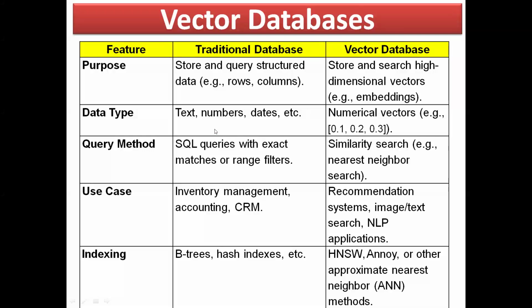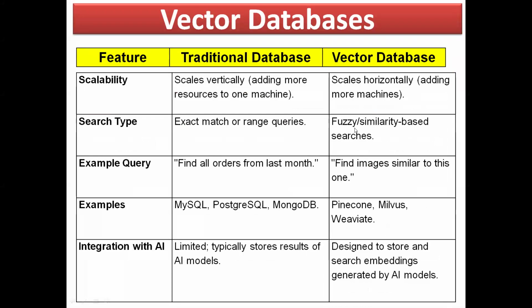In a traditional database, it is saved exactly as it is, in text or number. For example, when you upload one document in ChatGPT or in Gemini, in the backend it will be saved in numeric format in this way. And similarity based search is performed.